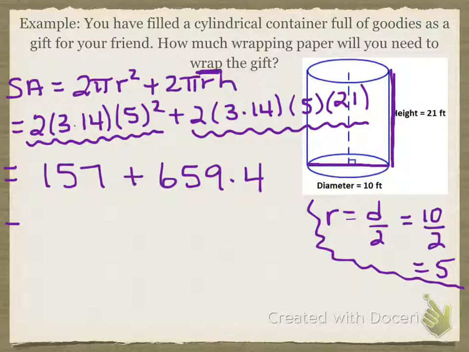And if I add those two together, I would get 816 4/10, my unit being feet, and because it's surface area, it would be squared. So how much wrapping paper would I need? I would need 816 and 4/10 feet squared of wrapping paper. Sounds like I've been a pretty good friend, because that's a pretty big gift.